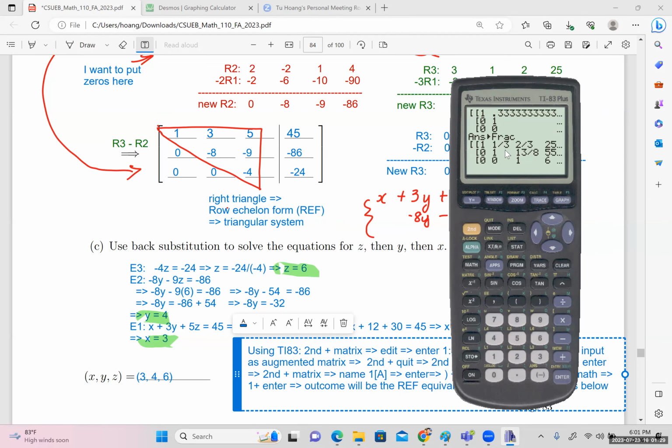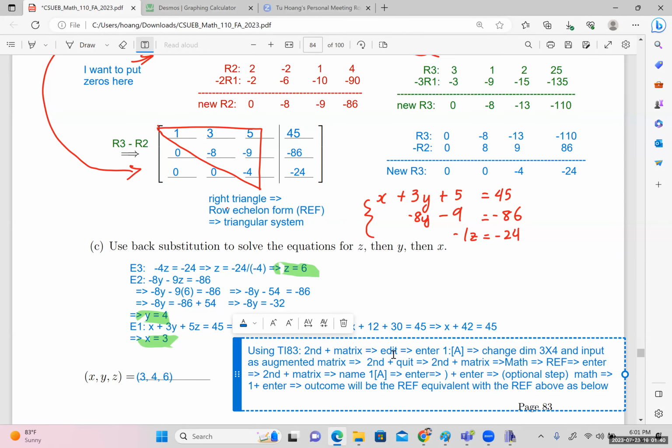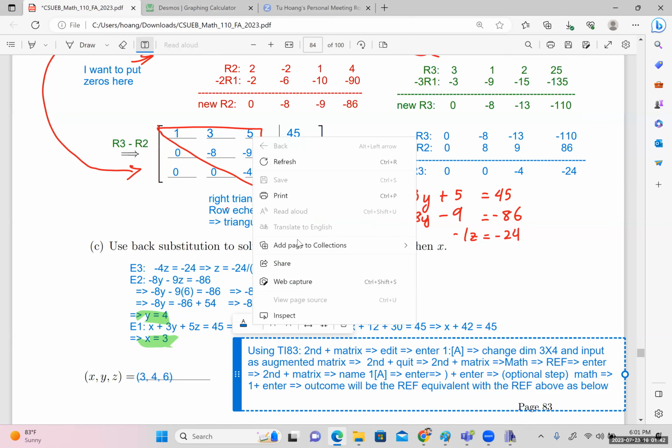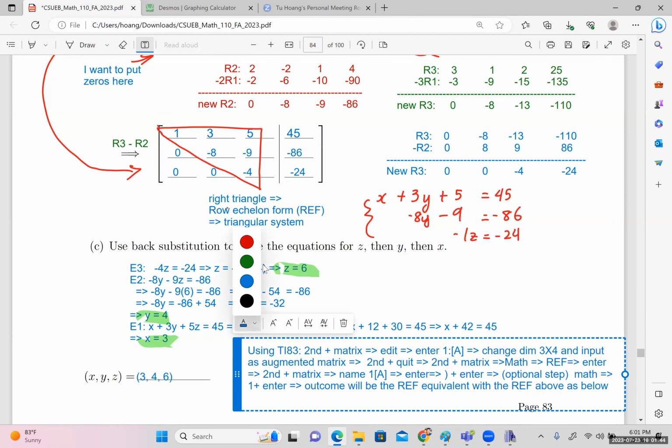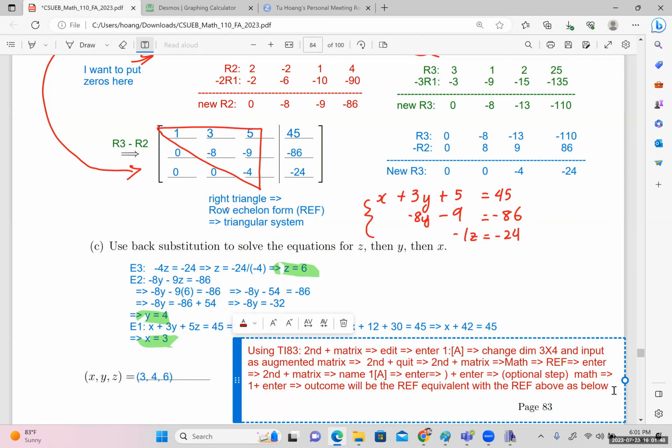So we will end up with the matrix as 1, 1/3, 2/3, and then 25.